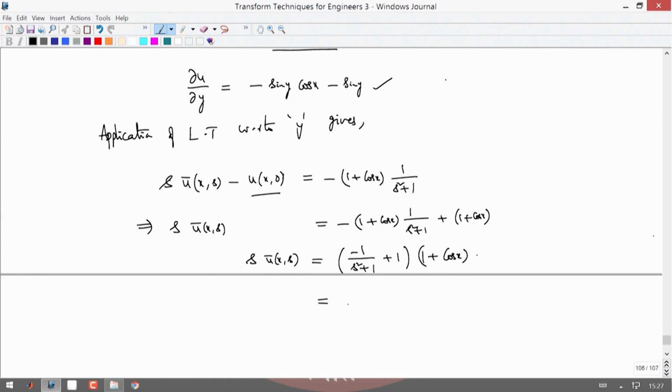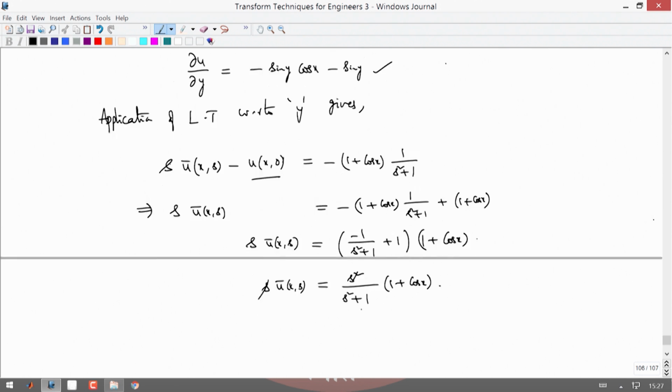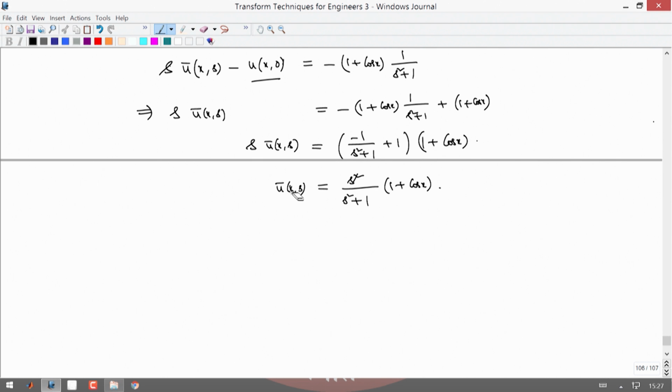So, this is going to be s square by s square plus 1 times 1 plus cos x, is my s u bar of x s. Again s goes. So, if I remove s, 1 goes.